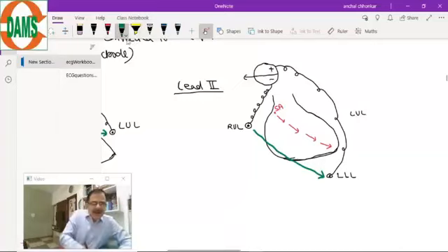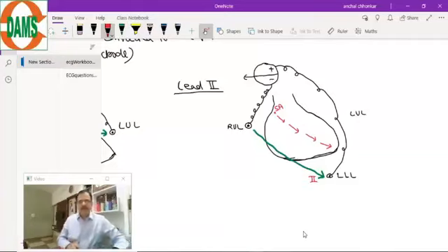I will write it here: lead 2, left lower leg. The current, or the ions, are moving almost along this line. This is the natural line of movement of the depolarization ions.